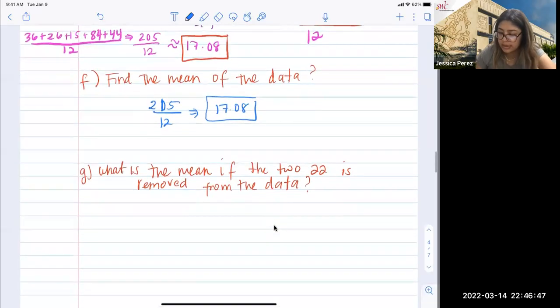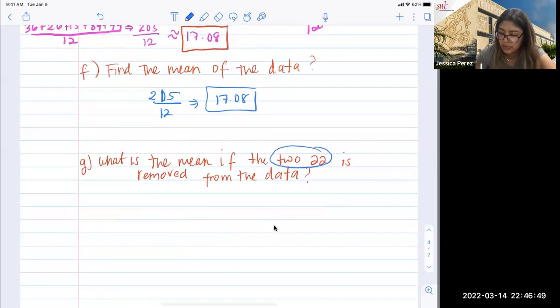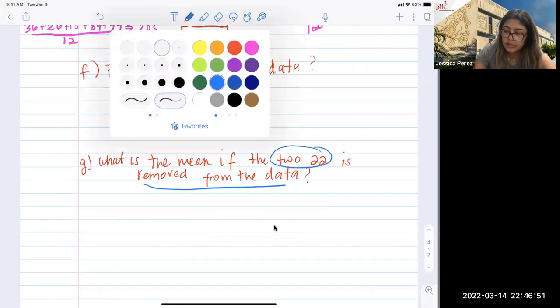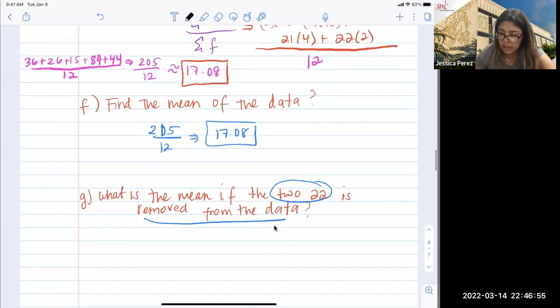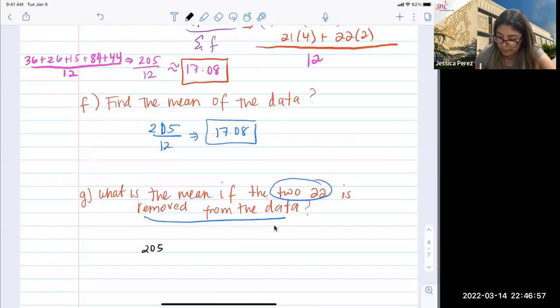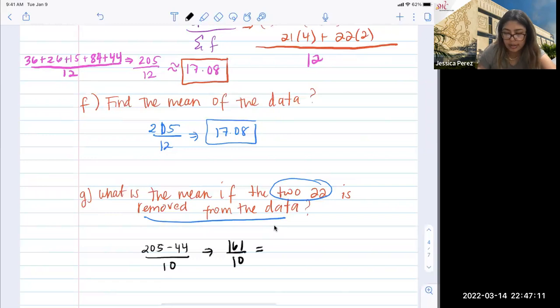And then what is the mean if the 22s were removed from the data? If the 22s were removed from the data, I would have 205 minus 44 because we're removing them, divided by now 10 because our sample space reduced by 2. So it'd be 205 minus 44, 161 divided by 10, 16.1.